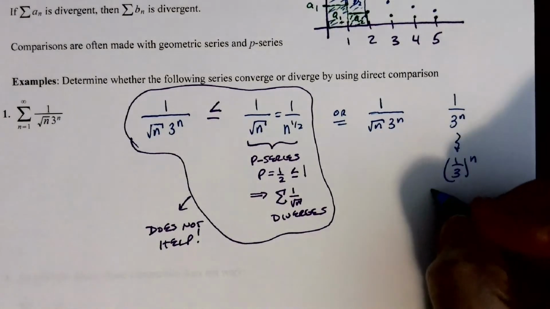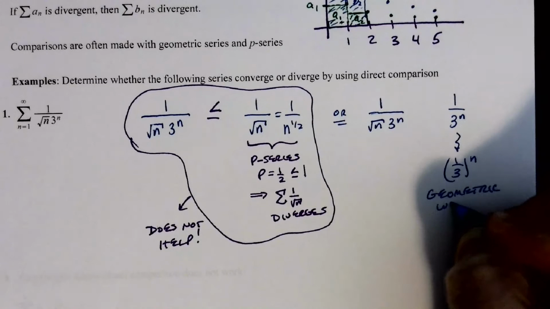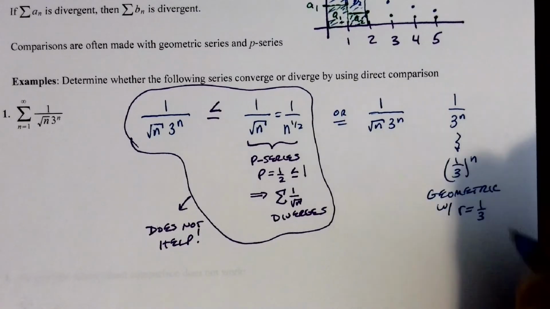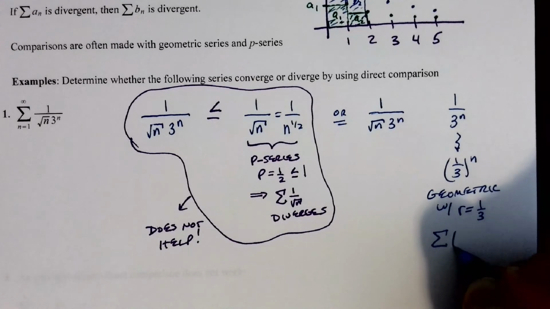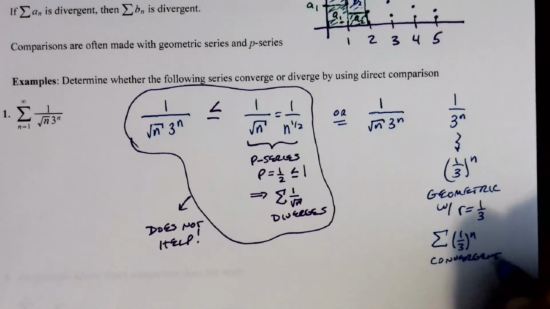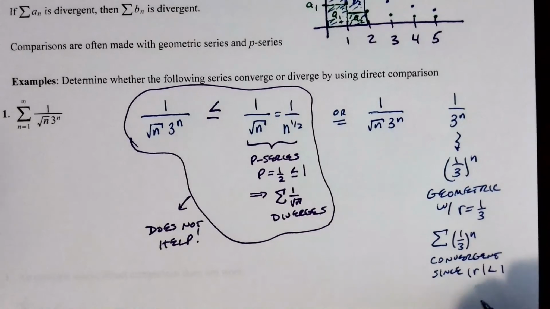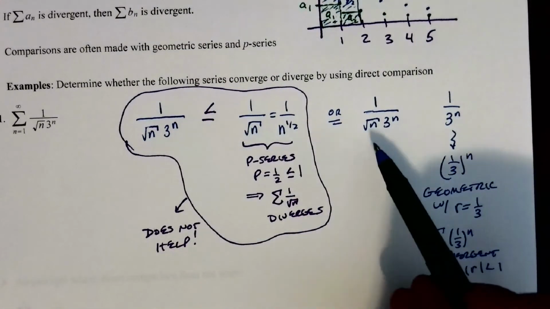That's a geometric series with the value of r equal to 1/3. So if I'm looking at this series, 1/3 to the n, this is convergent, since the value of r is less than 1 in absolute value. So this is convergent.